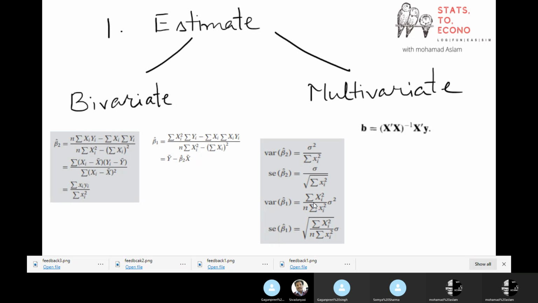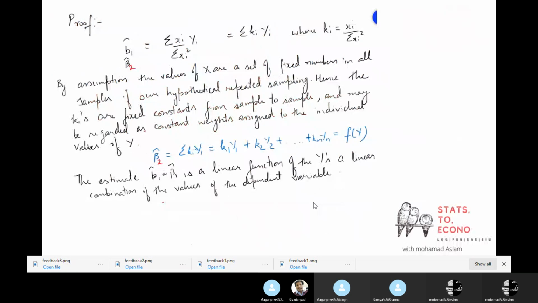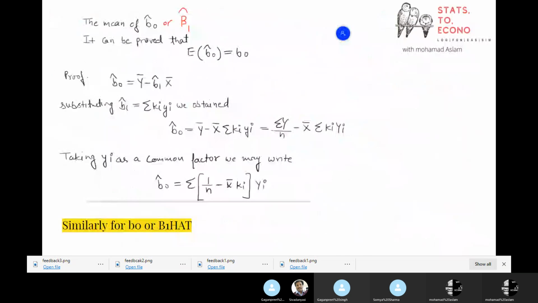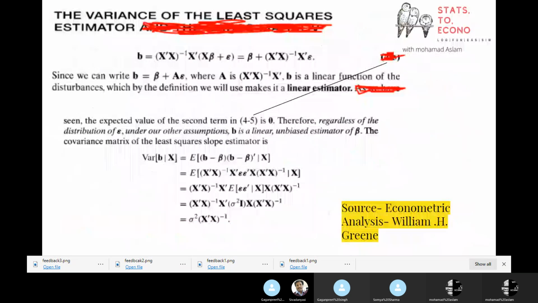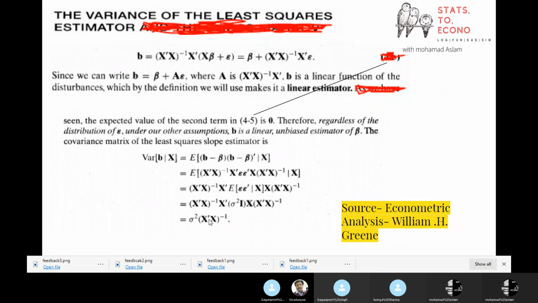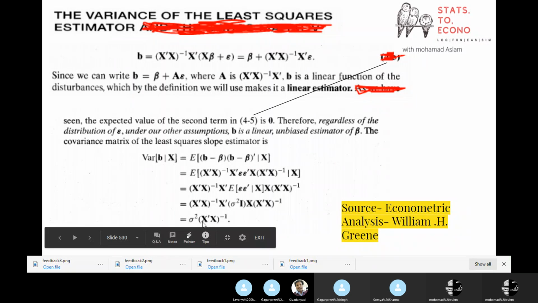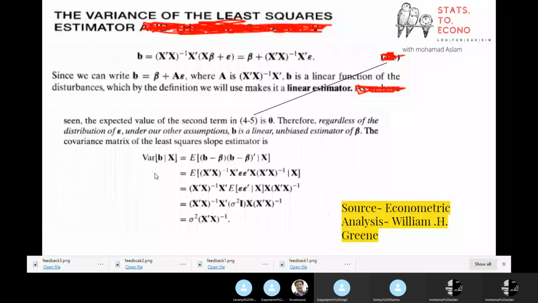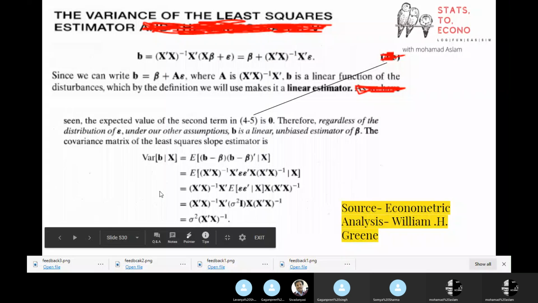But if you go by the matrix method, as I explained last time, you don't have to calculate individually. With the matrix x transpose x inverse multiplied by the variance, you will get the variances of all the estimates, beta 1, beta 2, beta 3, by this simple matrix method.